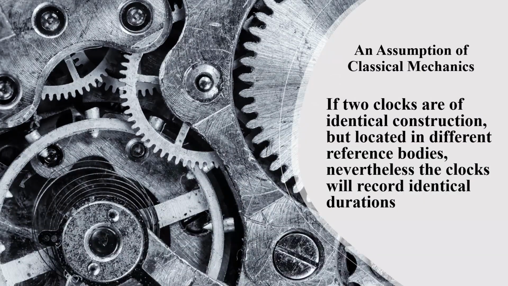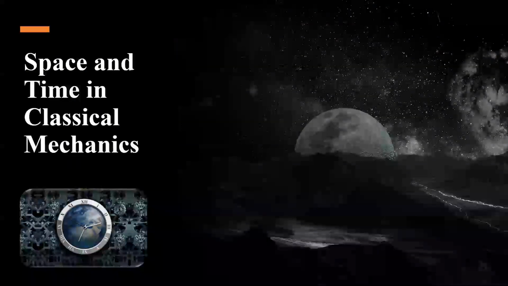But although we are quite accustomed to this, we still need to record the assumption of classical mechanics that if two clocks are of identical construction but located in different reference bodies, nevertheless the clocks will record identical durations. This assumption will play an important part in the Gedankenexperiments that Einstein will conduct throughout his explanation of the special theory of relativity.